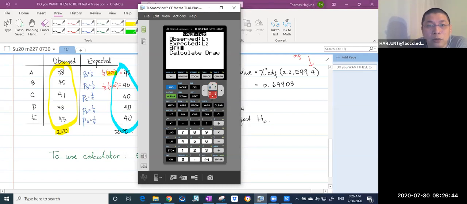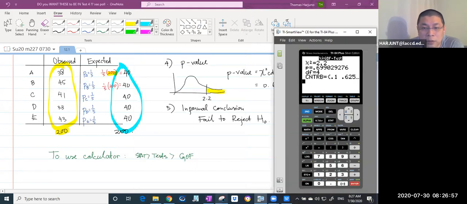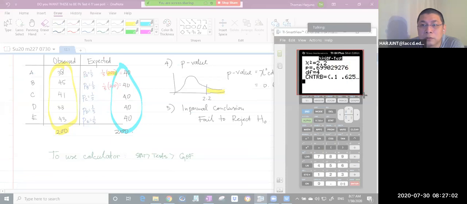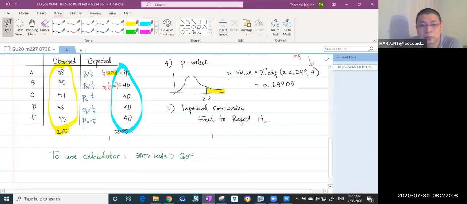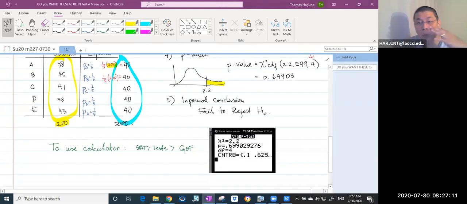Degree of freedom, I need to change it to 4, and then calculate. Boom. Okay, that's the result from our calculator.